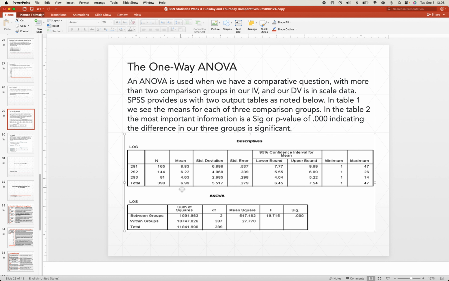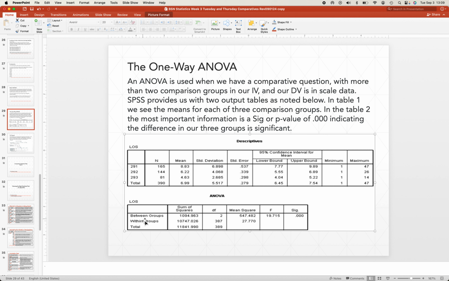It is possible to actually have a mean that's outside of that confidence interval because remember, the 95% confidence interval simply means that we're 95% certain that if we measured everybody in the population, the mean for the entire population would be within this range. We're also given the minimum and maximum. So for diagnostic code 291, we had a patient whose length of stay was only 1 day, and somebody got up to 47 days. So that's what the minimum and maximum numbers are here for each of these groups.